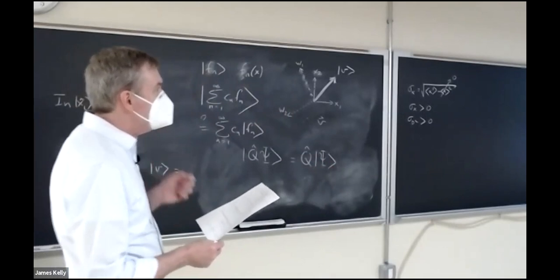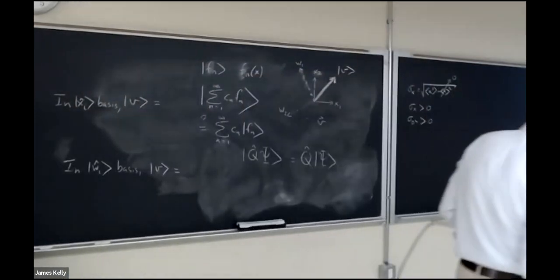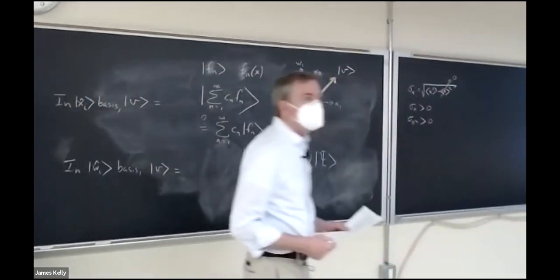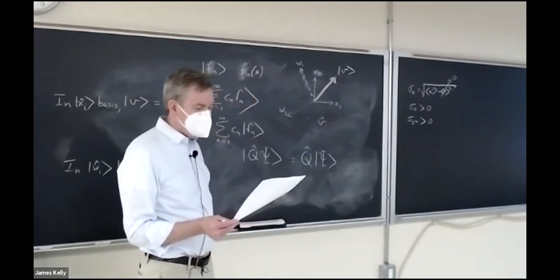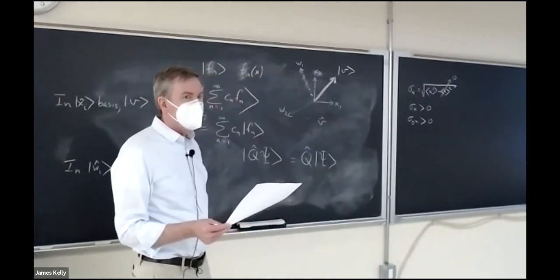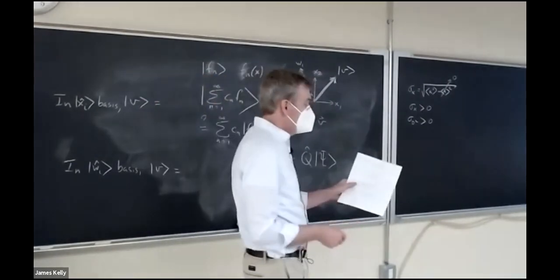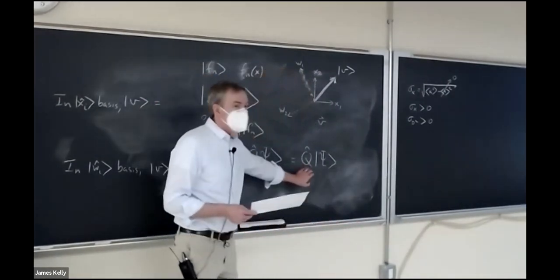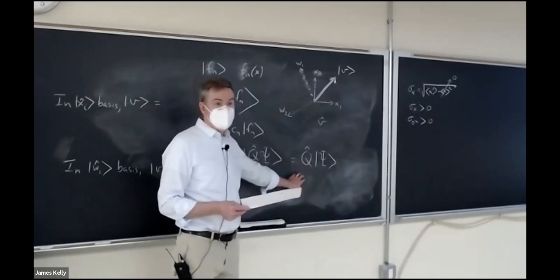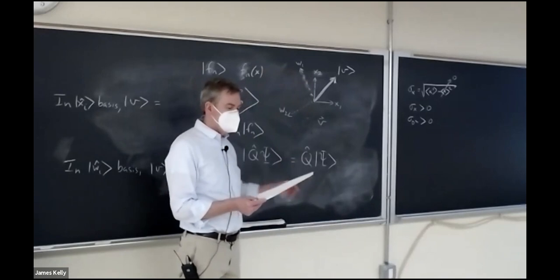What about the third one at the end? Are they all the same? Yes, if Q is Hermitian. So if you buy this, the first two are always the same, irrespective of whether Q is Hermitian or not.